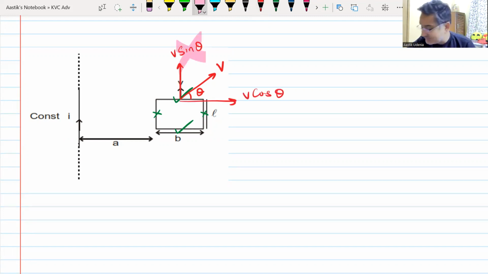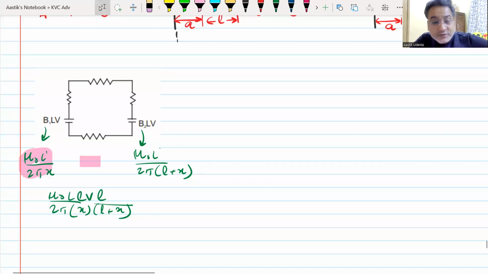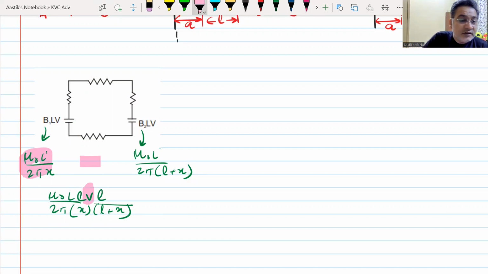The only EMF will be due to the v cos theta component, and this question becomes the same as the previous question. We just need to replace this v by v cos theta, and we are done. Do we understand this, or has this gone above our head?